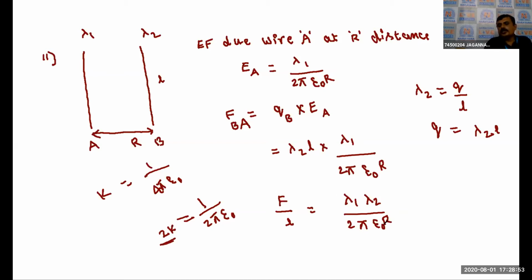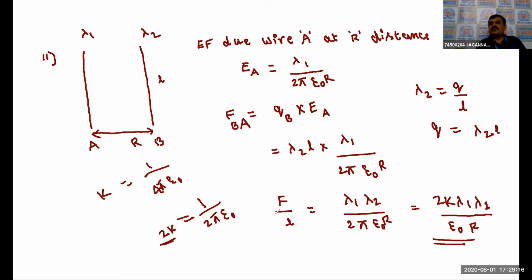So this value I am substituting here, 1 by 2 pi epsilon naught, which is equal to 2k. So 2k lambda 1 lambda 2 divided by R. This is our answer. Okay.